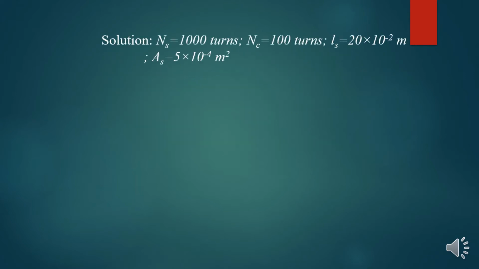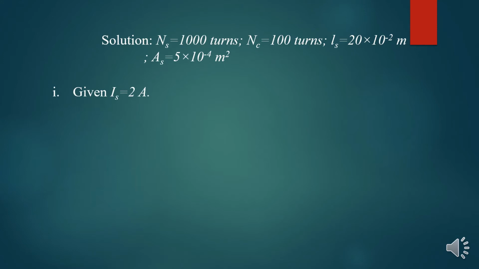We look at the solution. Okay, so we need to take out all the information given: number of turns for the solenoid 1000 turns, number of turns for the coil 100 turns, length of the solenoid also given, and cross-sectional area for the solenoid 5 times 10 power of -4 meter square.